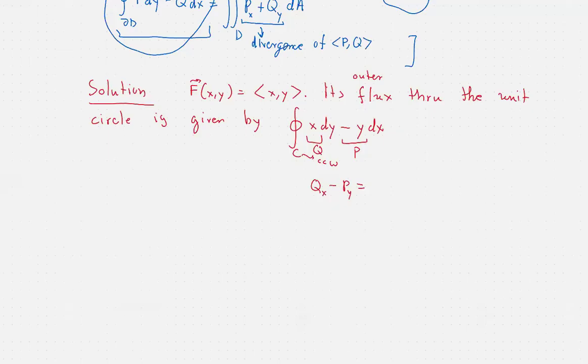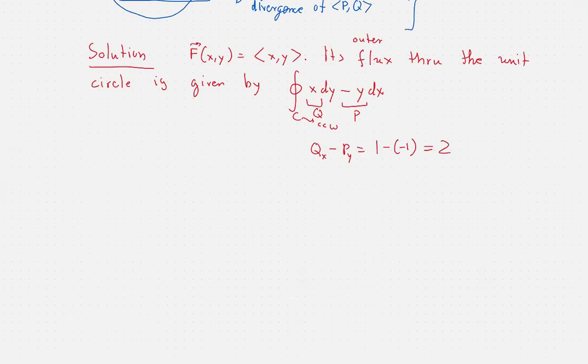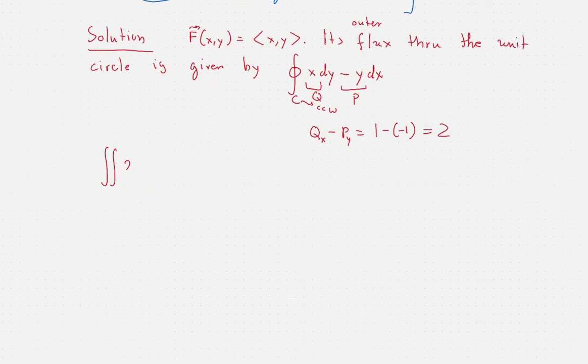So I have to compute the double integral of 2 over the unit disk. And of course, since I have a constant to integrate, the result will be simply the constant times the area of the unit disk. And what is the area of the unit disk? Pi. So the whole thing is 2 pi.